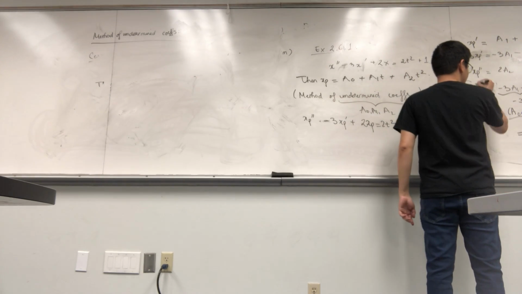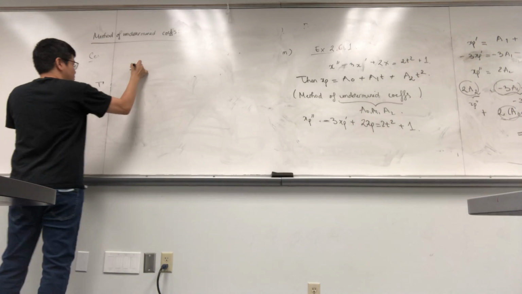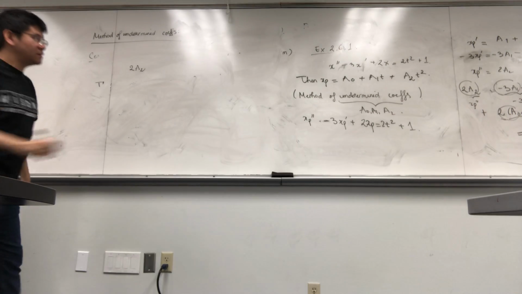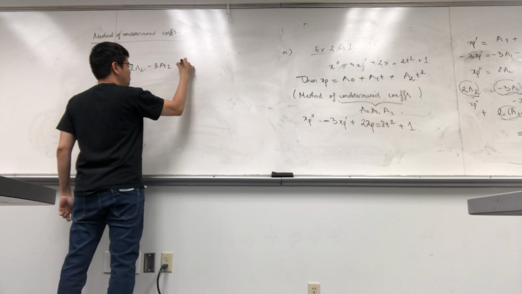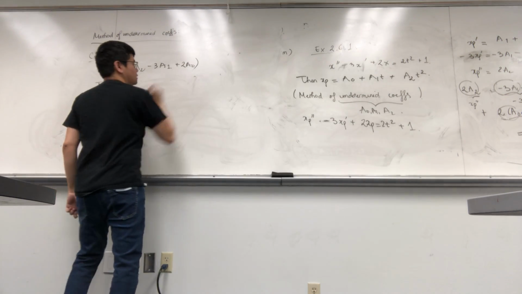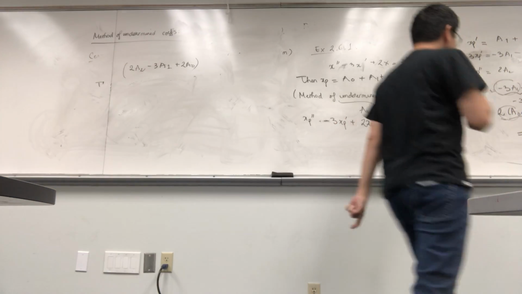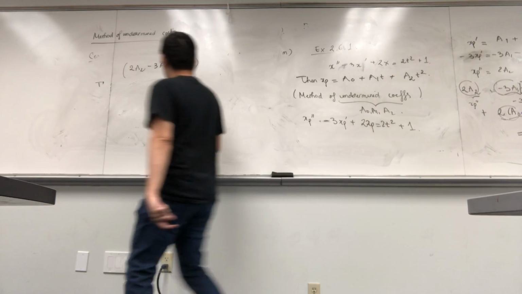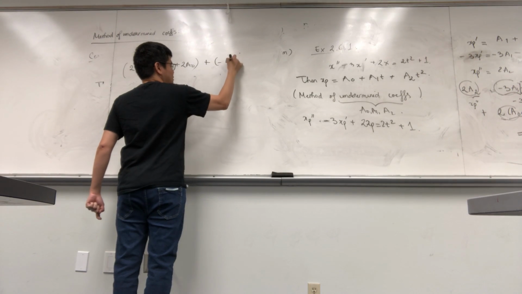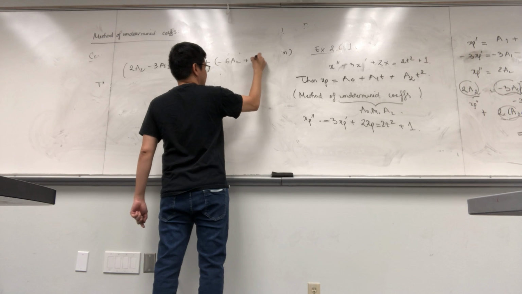So the zeroth order will be this one and this one: 2a2 minus 3a1 plus 2a0. So I'm going to group all of the terms with the same order. And the first order will be minus 6a2 plus 2a1, times t.